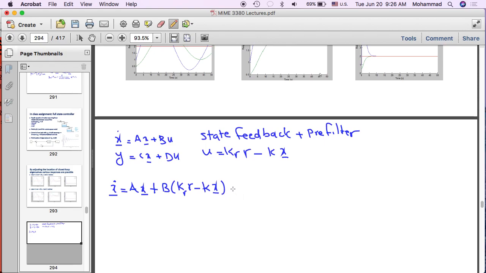Okay, so this becomes A minus B times K times x plus B times KR times R. Is that okay so far still?